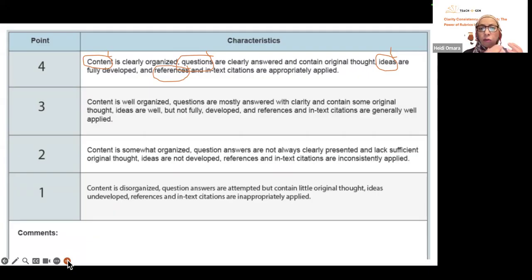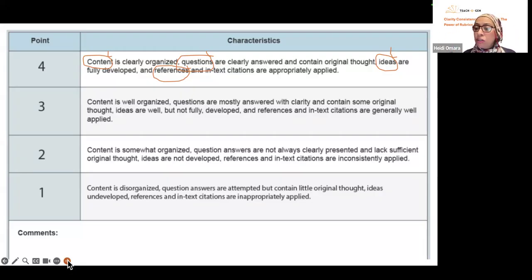So 4 grades, 4 marks, four things together. So for instance, if this person wrote the content in a clearly organized way, but he didn't clearly answer all the questions, ideas are not all developed, and references and in-text citations are appropriately applied.